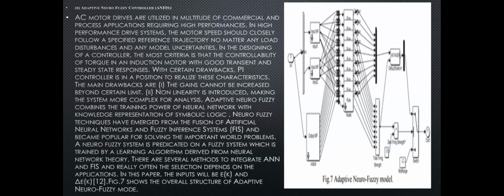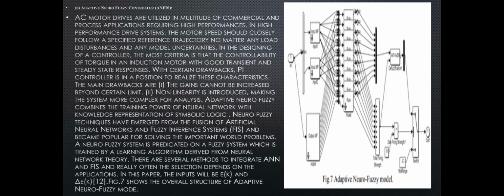adaptive neural fuzzy controller. AC motor drives are utilized in a multitude of commercial and process applications requiring high performance. In a high performance drive system, the motor speed should closely follow a specified reference trajectory, no matter any load disturbances and any model uncertainties.